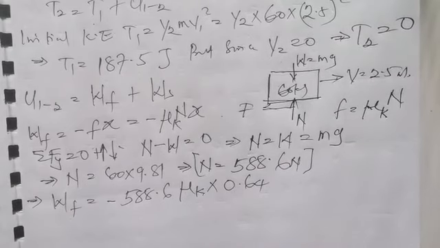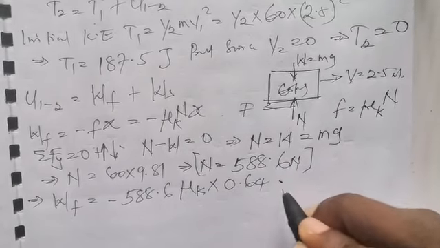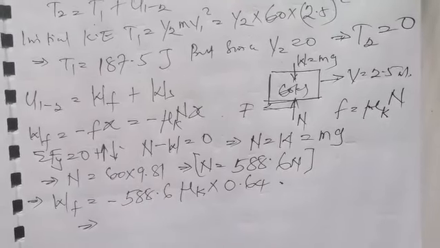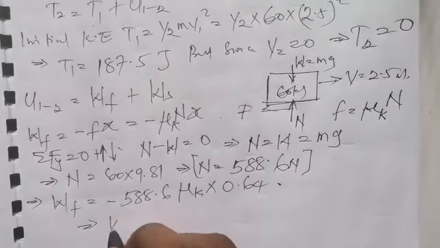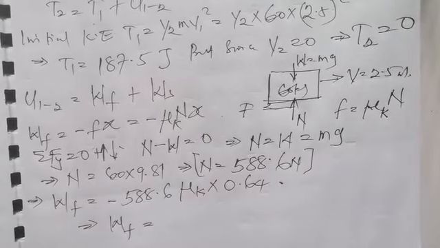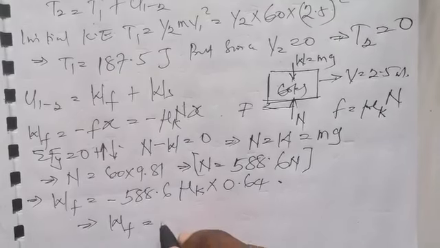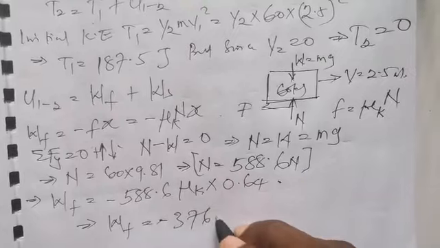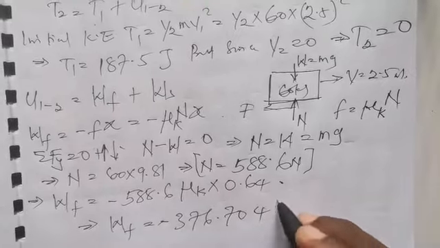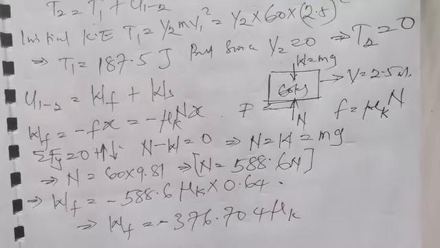That gives us 0.64. So the work done against friction is equal to, let's obtain this times 0.64, we have it to be 376.704. So minus 376.704 mu k. So you keep this.